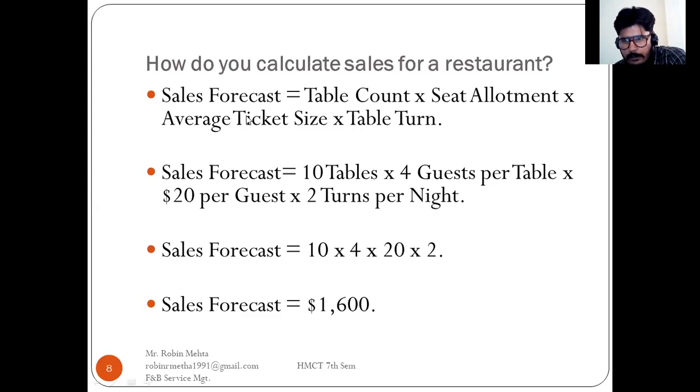Sometimes when we are doing sales forecasting, we may have 10 tables or 5 tables with a sitting capacity of 8 or 10 guests, but we follow the average protocol, because sometimes we have to arrange that particular table for 4 guests, because the other 9 tables are already packed.